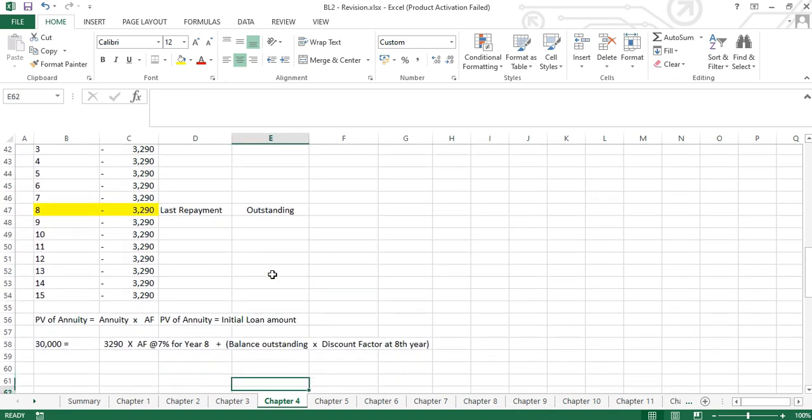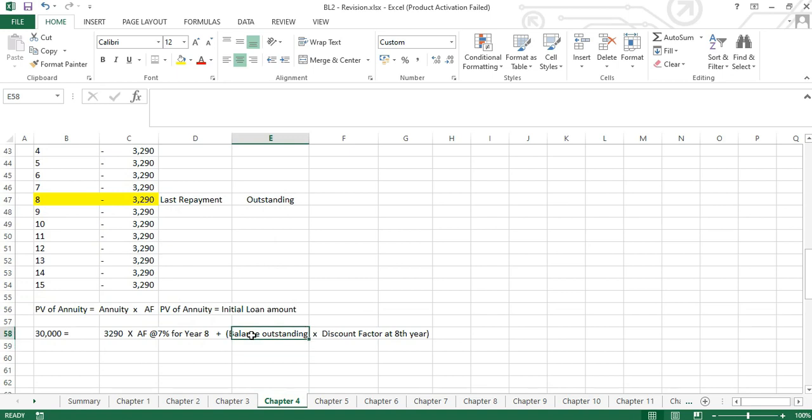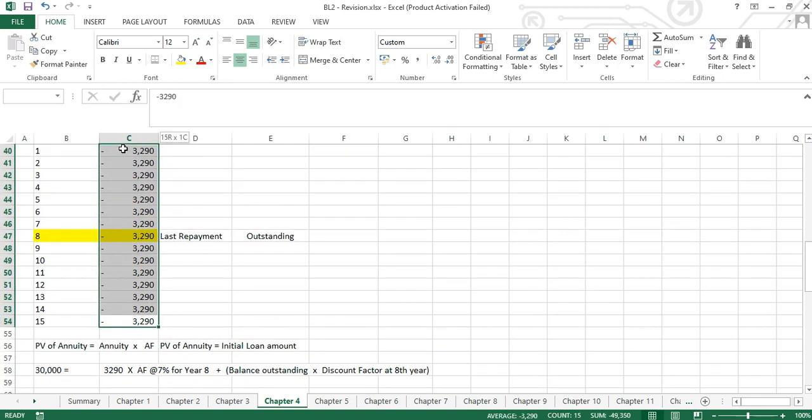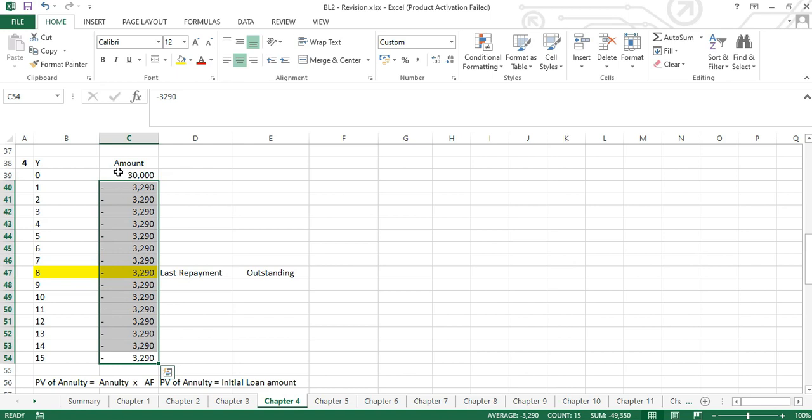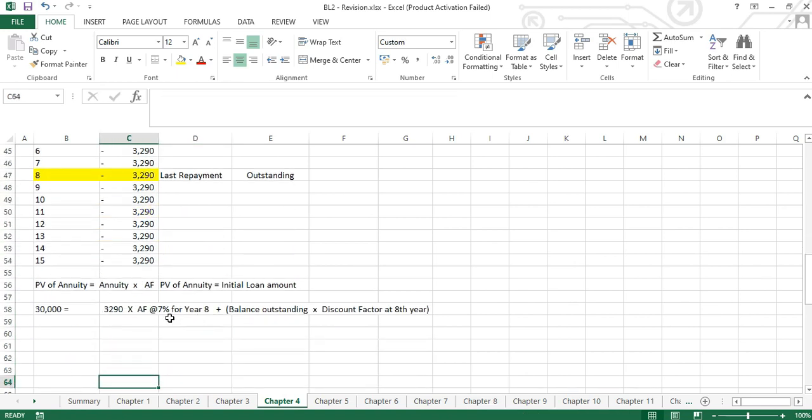You all know how we calculate a loan amortization schedule. The present value of annuity only equals the initial loan amount.